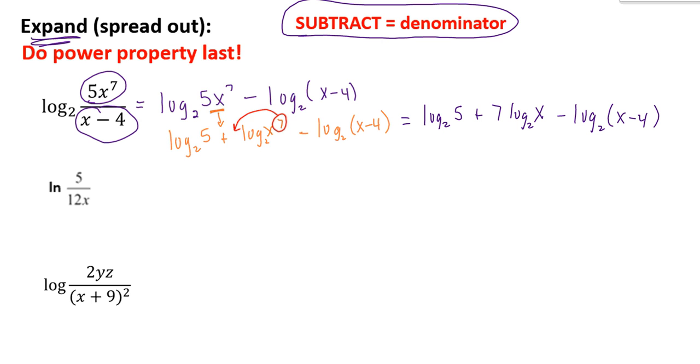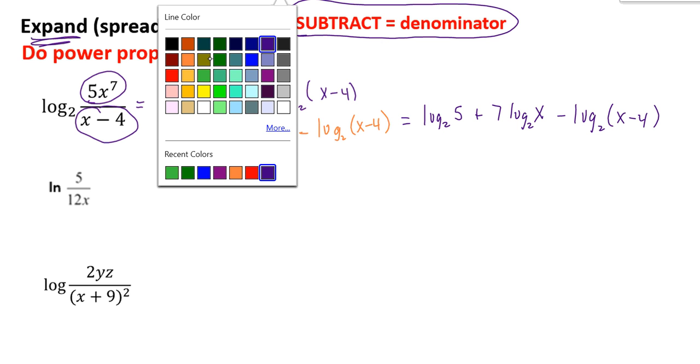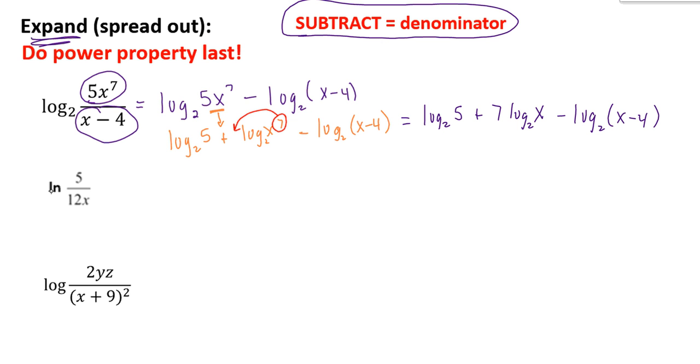All right, this one, we've got a fraction. It's ln, it doesn't matter, the rules still apply. So I've got a 5 that needs its ln and a 12x that needs their ln. Because it's dividing the fraction, it's going to be a subtract right there.